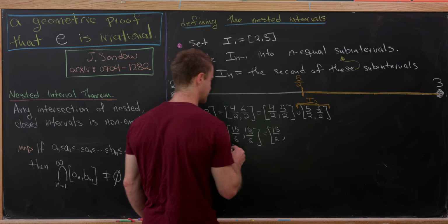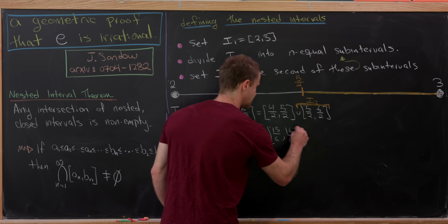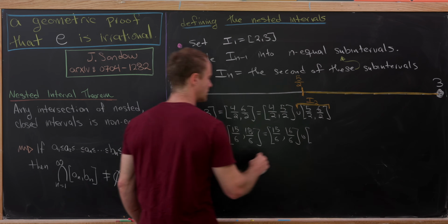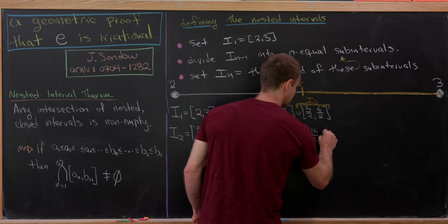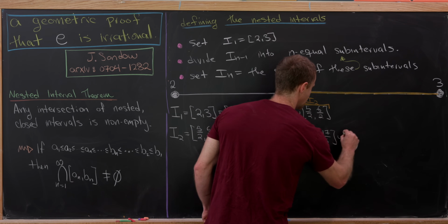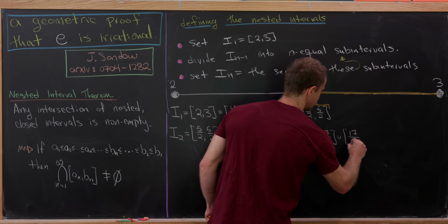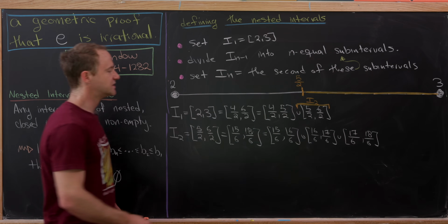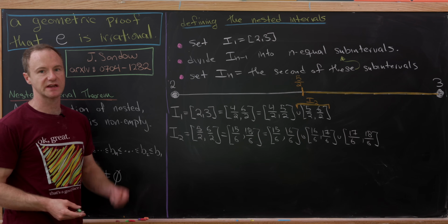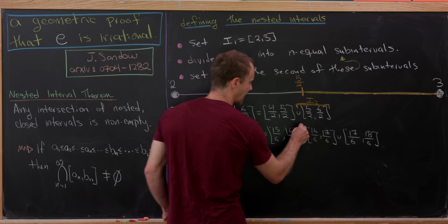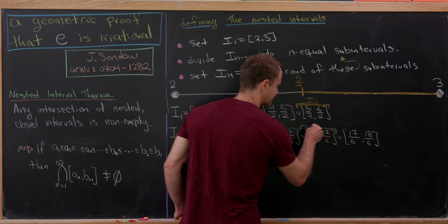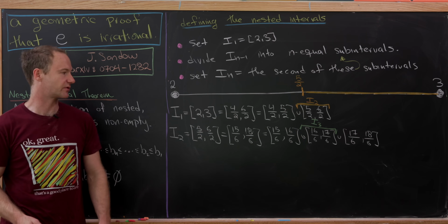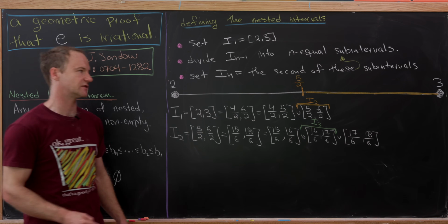We have 15 over 6 up to 16 over 6, union 16 over 6 up to 17 over 6, and then finally, pretty clearly, 17 over 6 up to 18 over 6. Okay, so that's good. We've pulled that apart into 3 equal subintervals. And since our rule says we take the second one and define it as the next interval, that'll be I sub 3, 16 over 6 to 17 over 6.